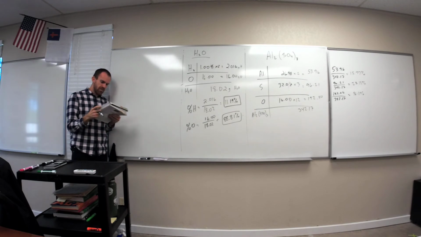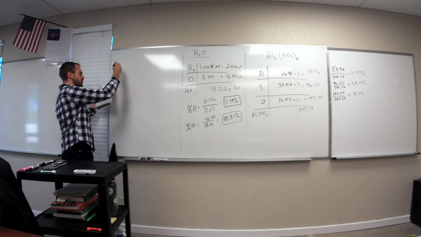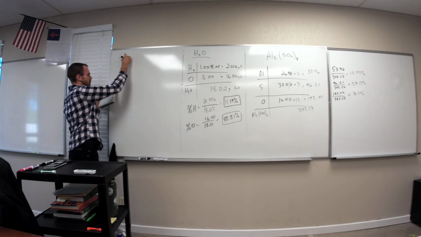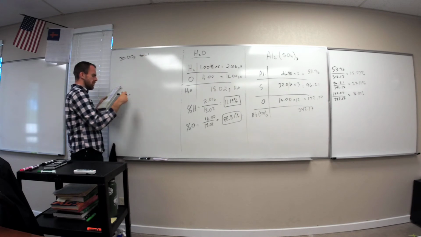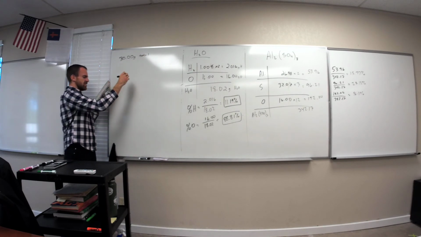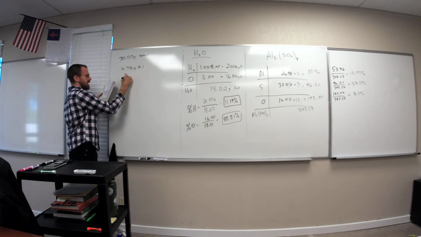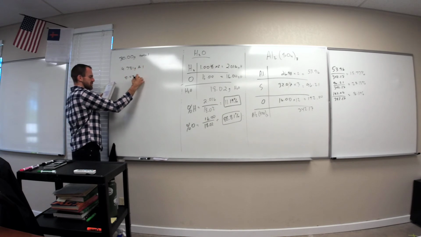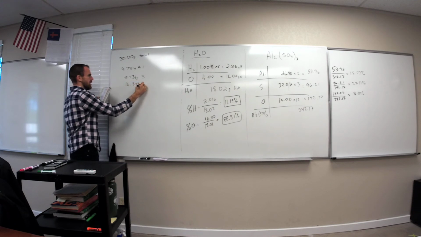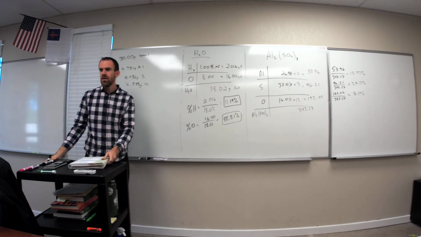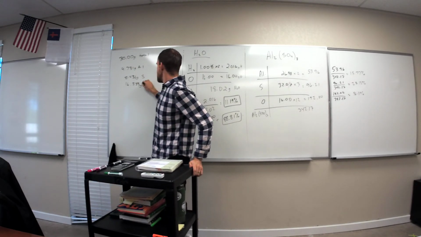Last example problem. A laboratory analysis of a sample of a substance that weighs 30 grams in total showed that it contained 4.731 grams of aluminum, 8.436 grams sulfur, and 16.833 grams oxygen. What is the percent composition of each element?